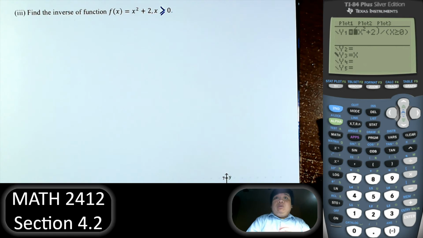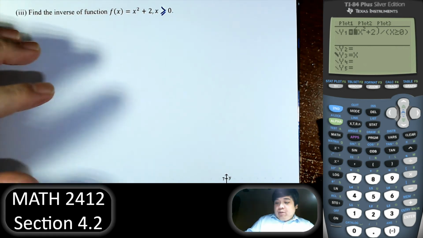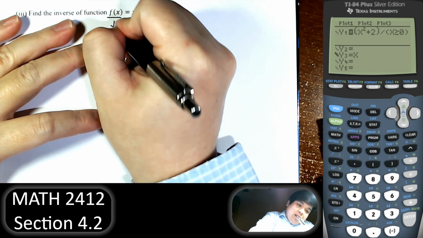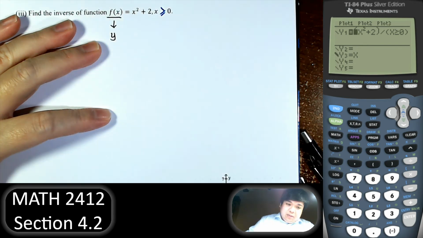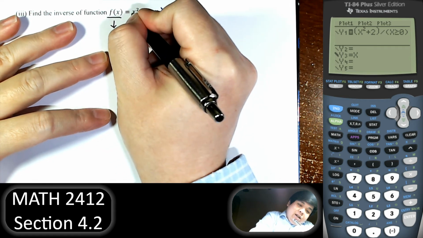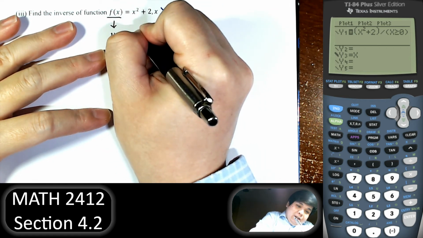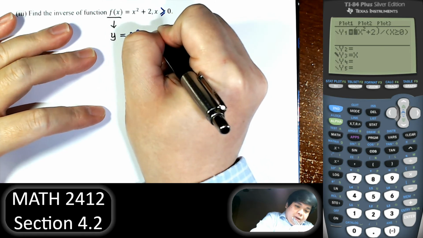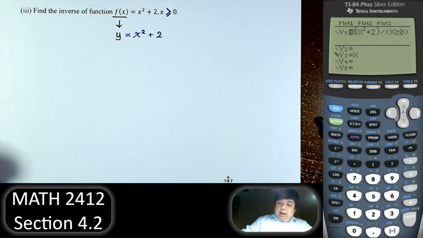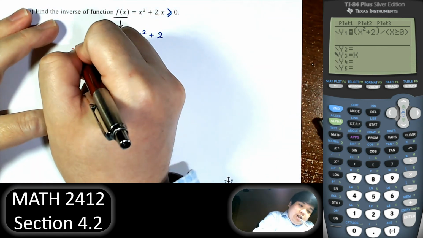Right, now we find the inverse, like what we have been doing. Replace this with y. We'll keep that in the back pocket later. X squared plus 2. Right, replace the function f of x by y. Next, to find inverse, interchange x and y.